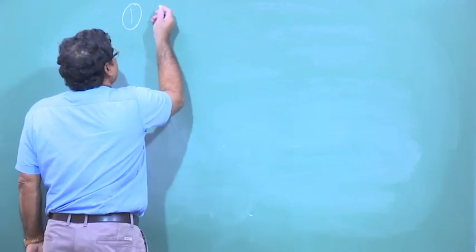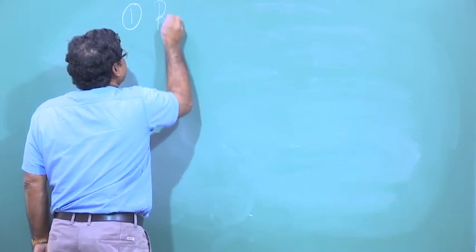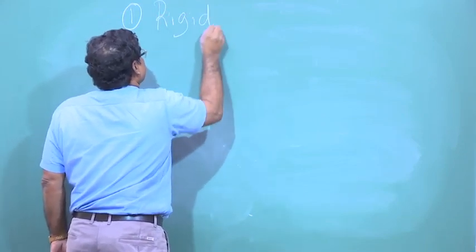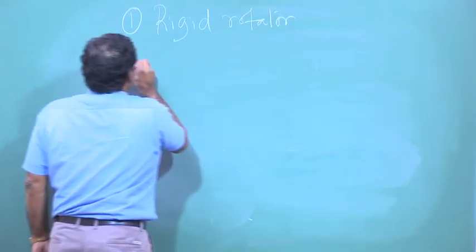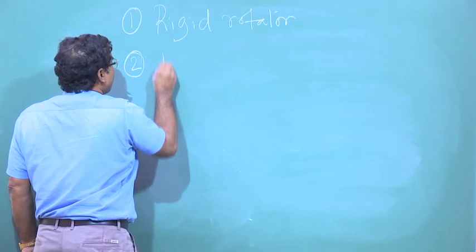One is called rigid rotator, okay, and another model is called non-rigid rotator.